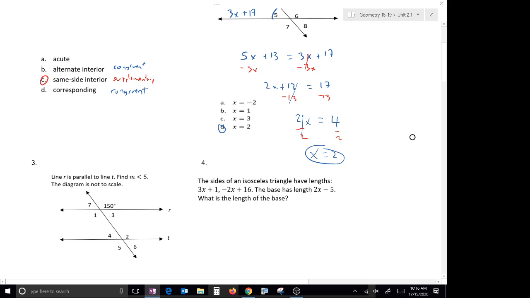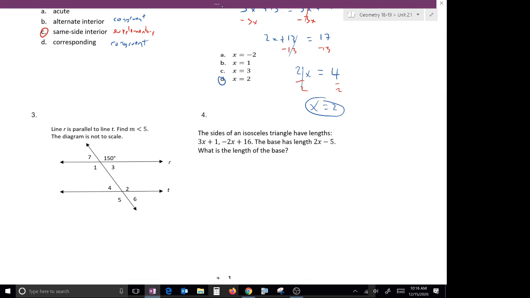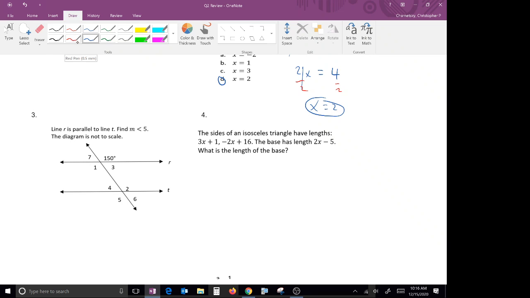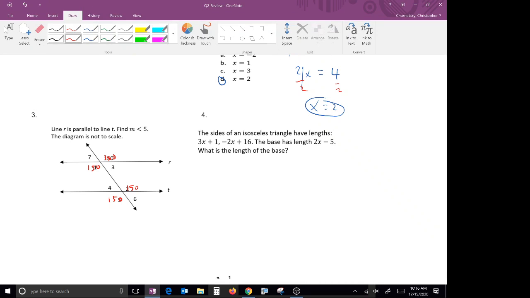All right. Number 3, same thing here. We have this diagram where one of our angles is filled in as 150. And we know that if this is 150, then any corresponding angle or vertical angle or really any of the obtuse angles are also going to be 150.